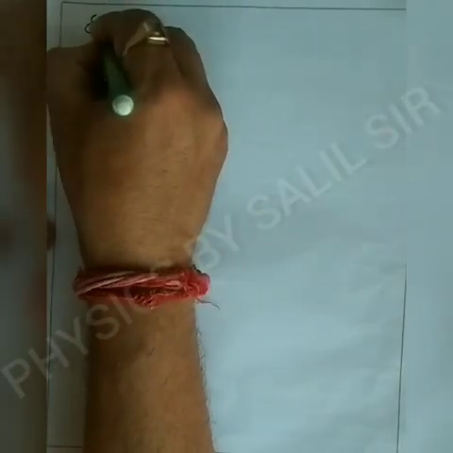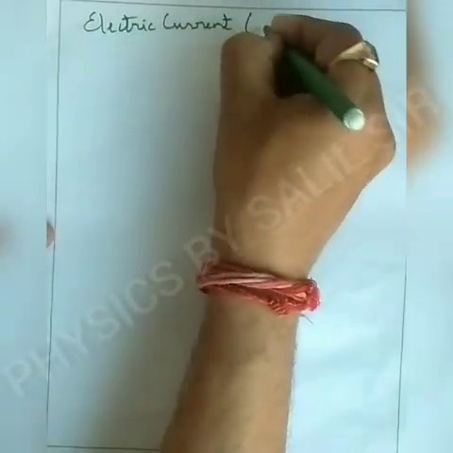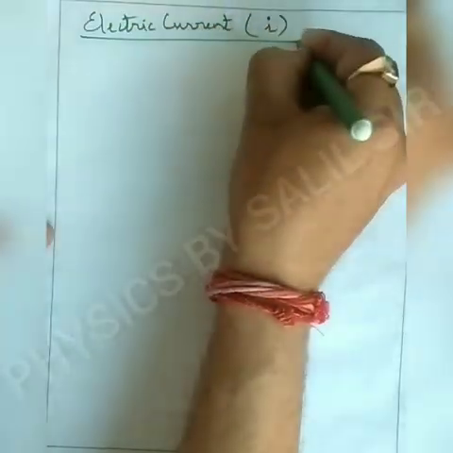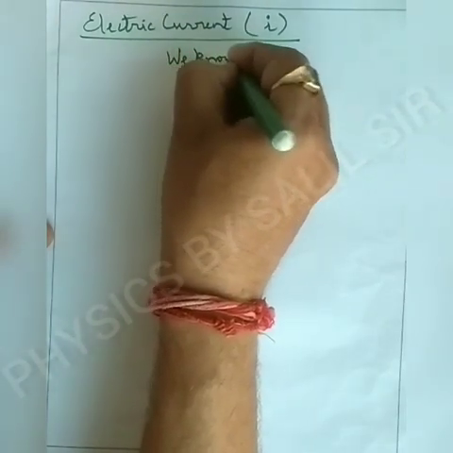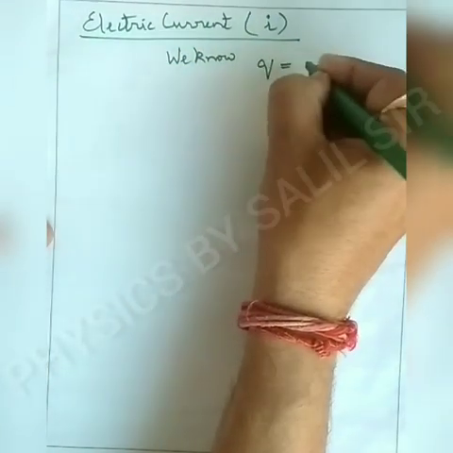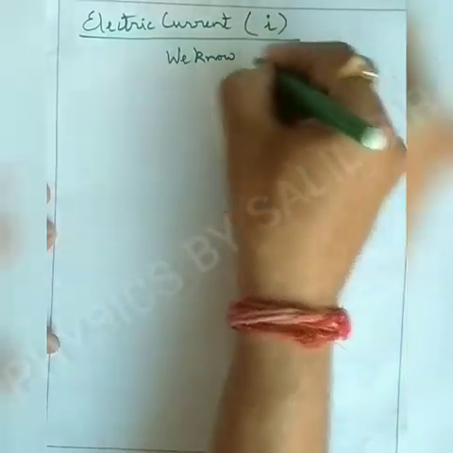What is electric current? Electric current is represented by small I. We know that the relation between the charge and the current is Q is equal to IT.